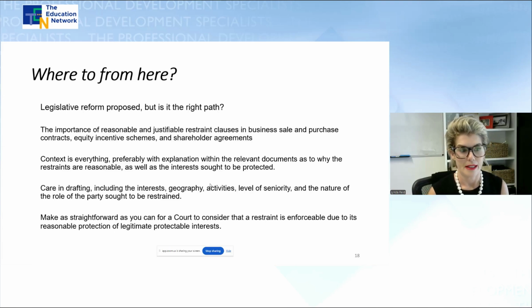We've talked about taking care with drafting, particularly where there isn't the flexibility that there is under the Restraint of Trade Act in New South Wales. So look at geography, the types of activities, the level of seniority and the nature of the role of the person who is sought to be restrained, and try to make it as straightforward as you can for a court to consider that a restraint is enforceable because it is a reasonable protection of legitimate protectable interests.